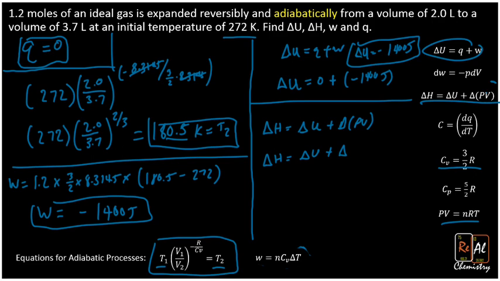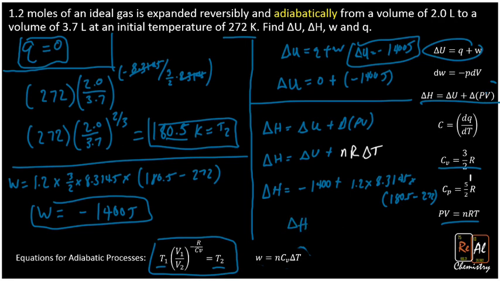And so we can change this to nR delta T. All right, so delta H is equal to delta U, which we know is negative 1400, plus moles, which is 1.2, times the gas constant, 8.3145, times delta T, which is my 180.5 minus my 272. That's going to give me my change in enthalpy, which is negative 2300 joules.